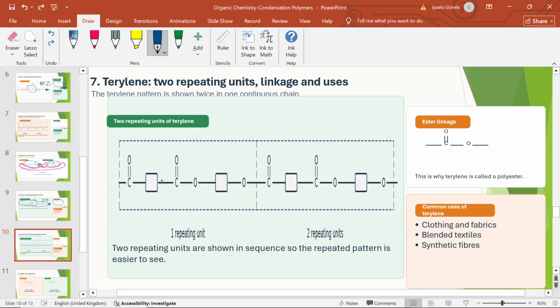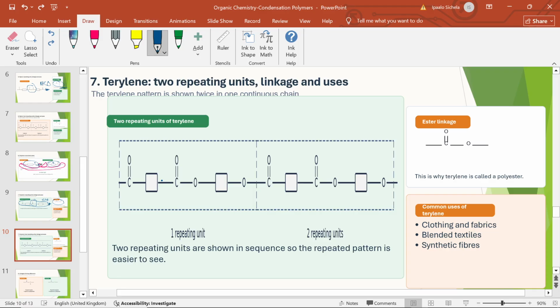So the point is, if you try to memorize the structure of terylene, you might make a mistake. But if you know the 2 monomers of terylene and remove the water, then you know whatever is remaining is 1 repeating unit of terylene. And if I know 1 repeating unit, I can write 2 repeating units.